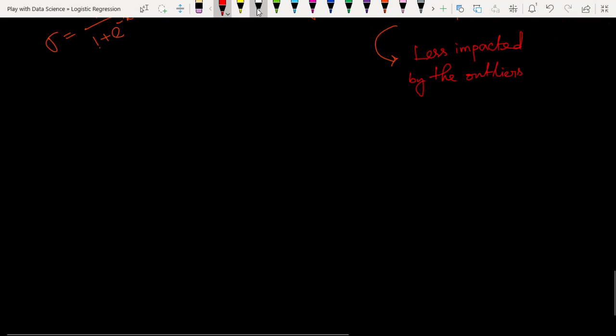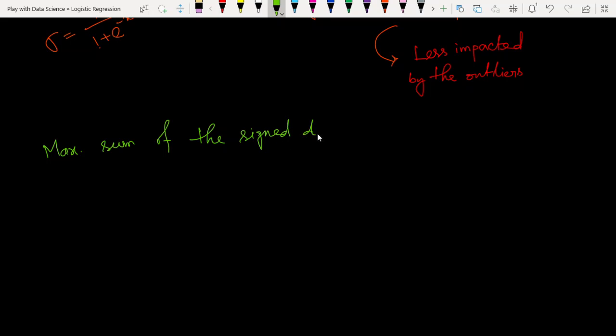So if we conclude, the maximum sum of the signed distance is affected by outliers, and now we have applied our sigmoidal function here.